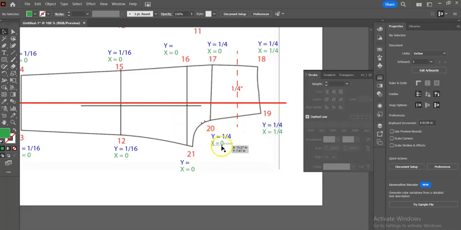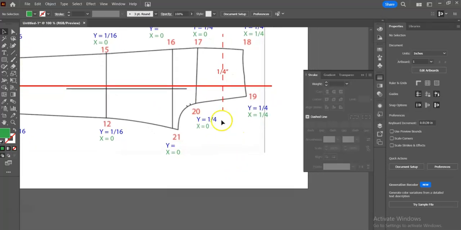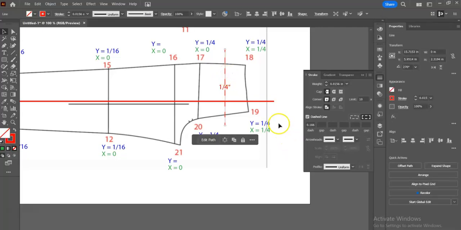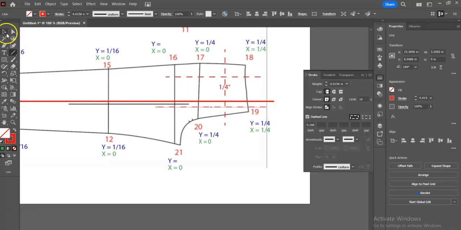Now for my thigh, I have to look at two things. I have to look at my front and back rise movements, and I have to look at my thigh. So when we did our waist and hip, essentially the way you can think about this is that we created a slash line here and we created a slash line here. Each of these was 1/4 of an inch.